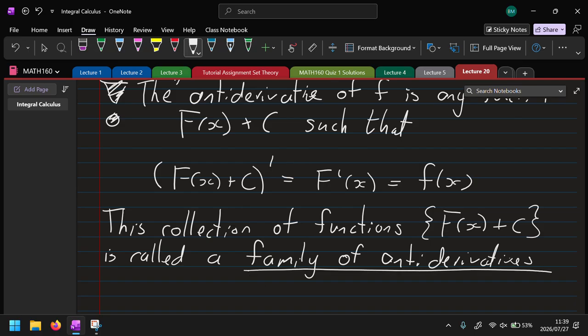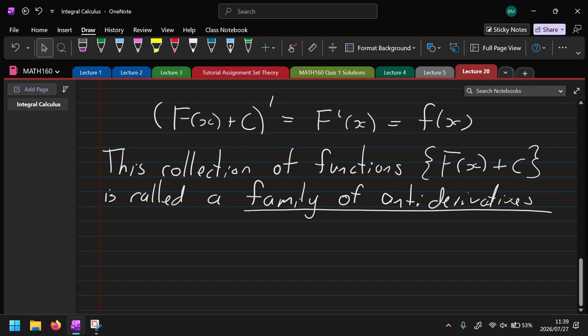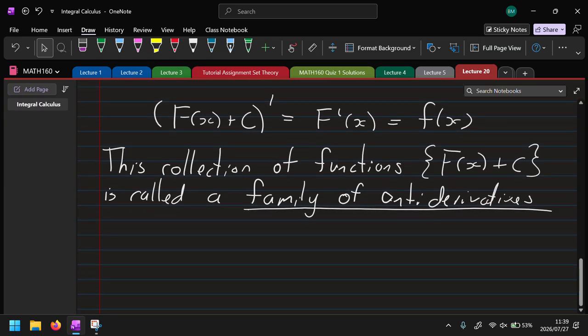That's the mathematical name we give to the set of functions, capital F. All right. Any questions so far?